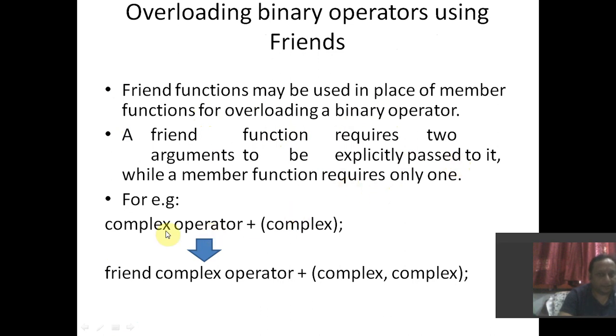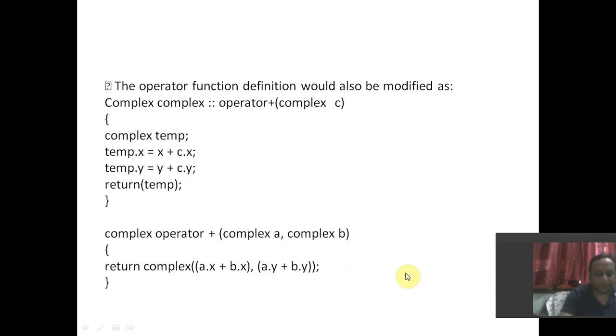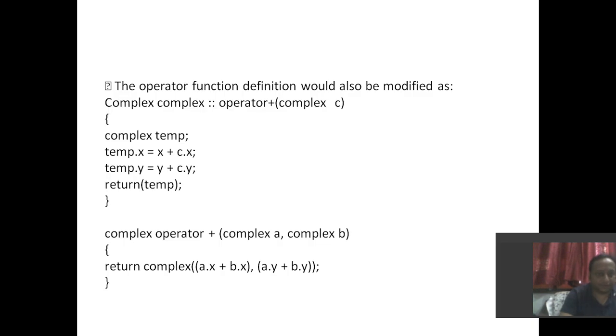For example, complex operator plus complex takes a single argument for the member function, but if you are using a friend function, then there must be 2 arguments. In the next lecture I will provide the friend function program to show the difference between a binary operator as a friend function and a binary operator as a member function.